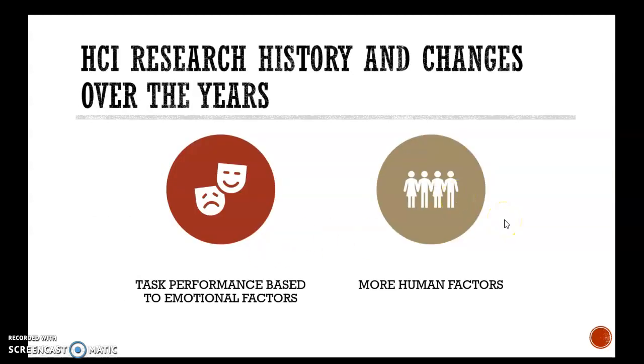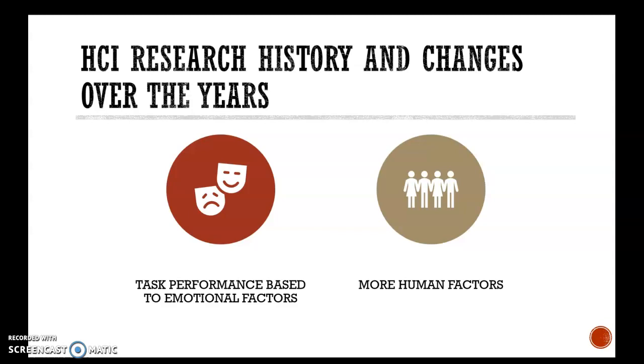So HCI research history and change, there is one whole chapter in the book talking about that. So I'm going to make it very short, and you can read the book. In early years, HCI research was more based on task performance, rather than whether people like it or don't like it.